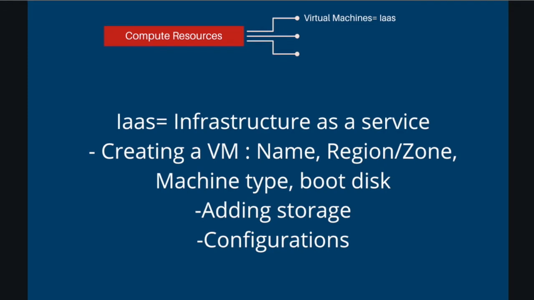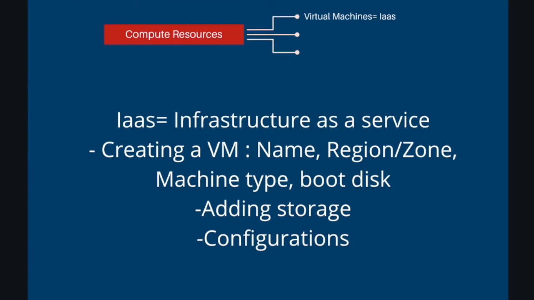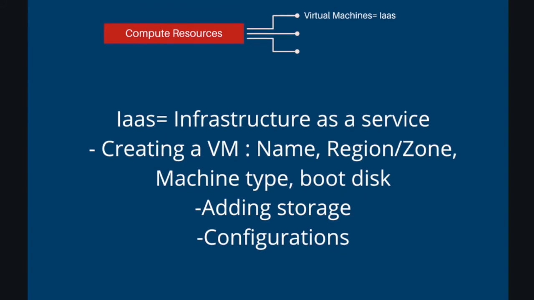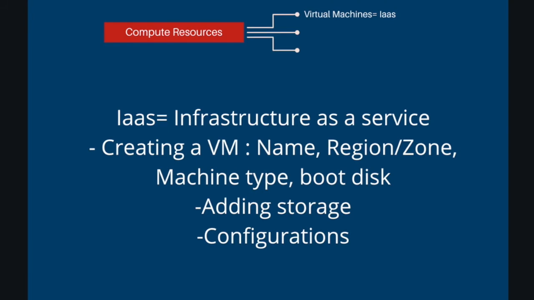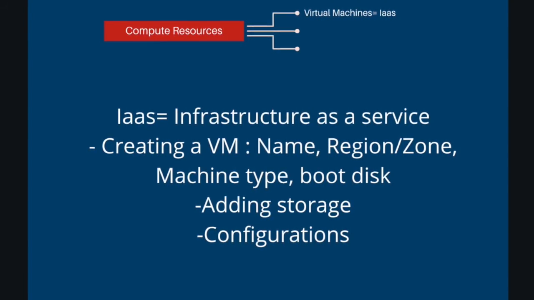First, we're going to look at compute resources, specifically virtual machines. Virtual machines fall under IaaS. They are an infrastructure as a service. We can create these virtual machines in GCP under Compute Engine because they are a compute resource. We can specify a name. Please note the name has to be unique to the virtual machine, not just within your network, but globally as well.